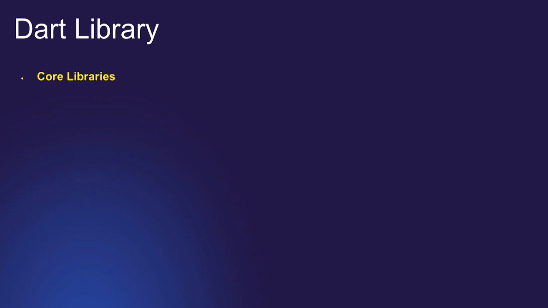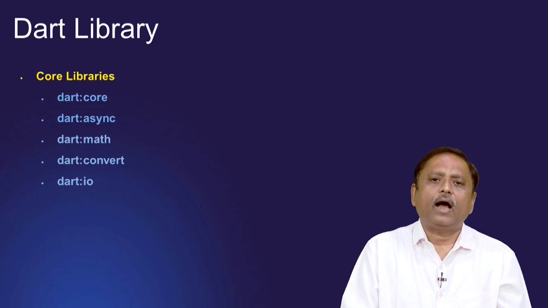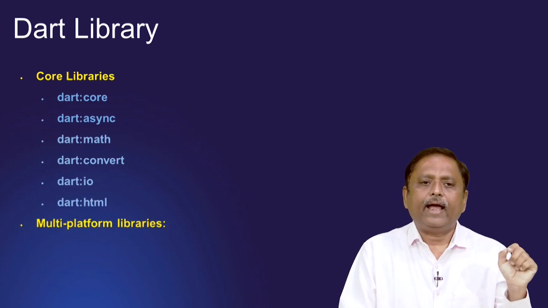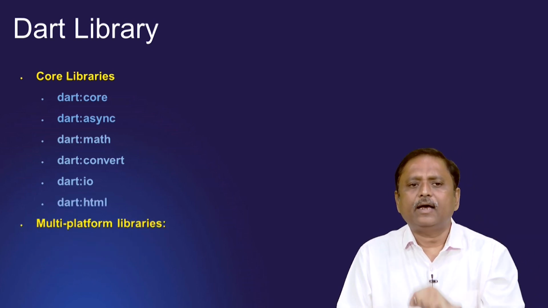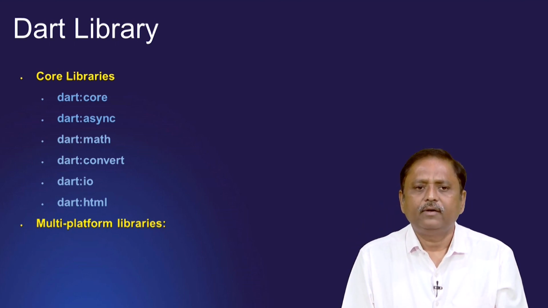You need not write the code which is already in these libraries. The first kind of library is the core library. Examples are core, async, math, convert, IO, HTML. All these are Dart libraries and core libraries.